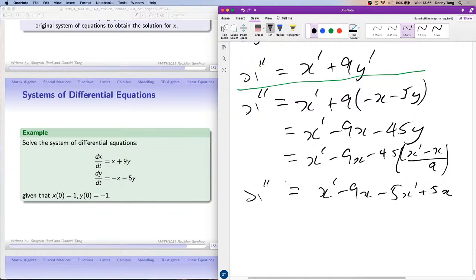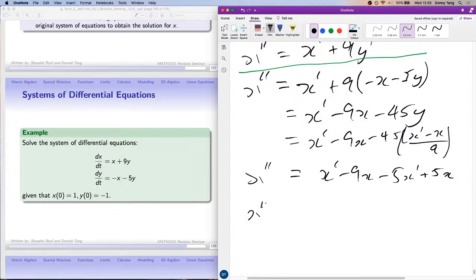Combine everything and you have a second order linear differential equation, which you can solve using the methods we learned before.